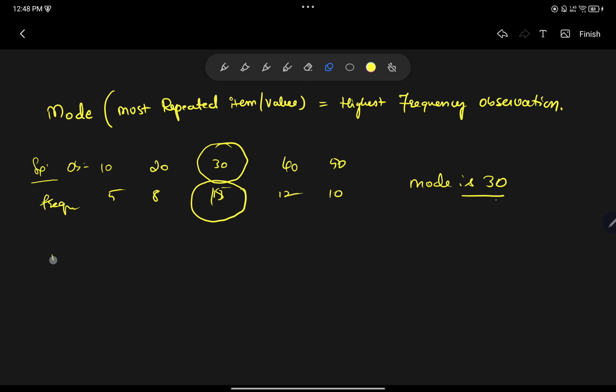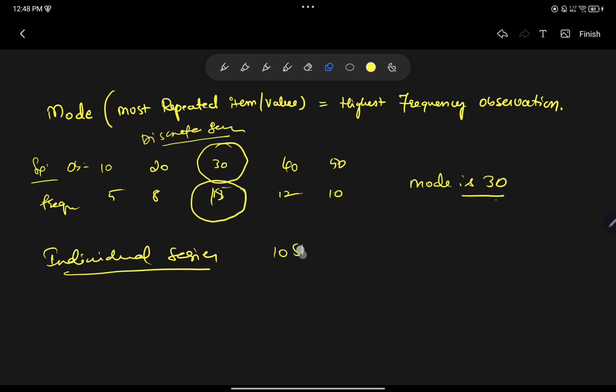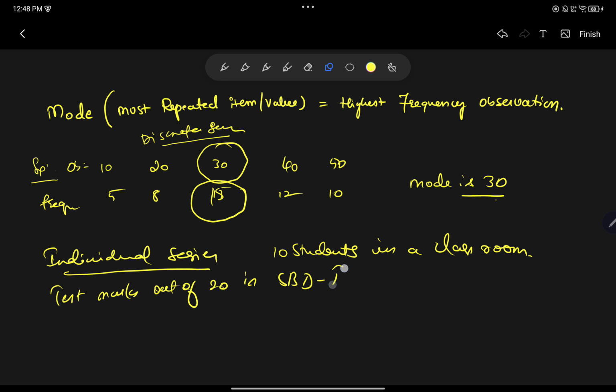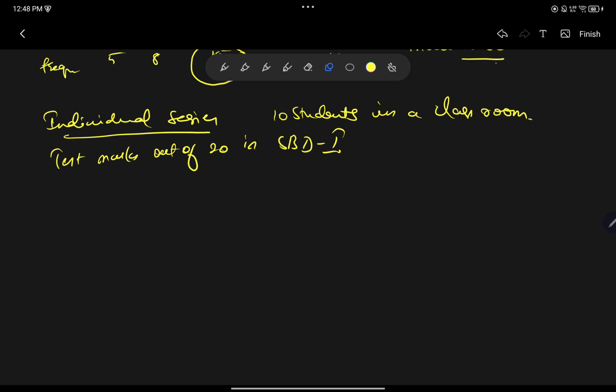That is for discrete series. For individual series, let's take 10 students in a classroom and their test marks out of 20.